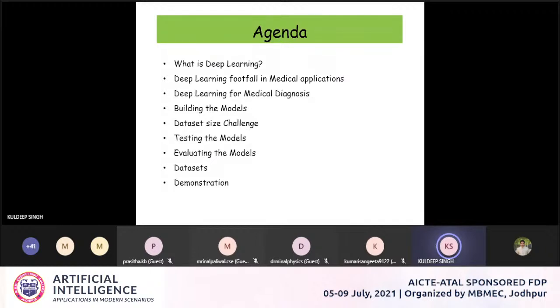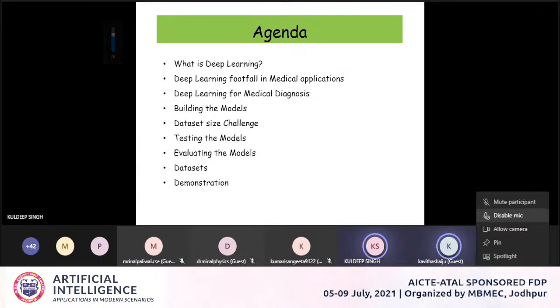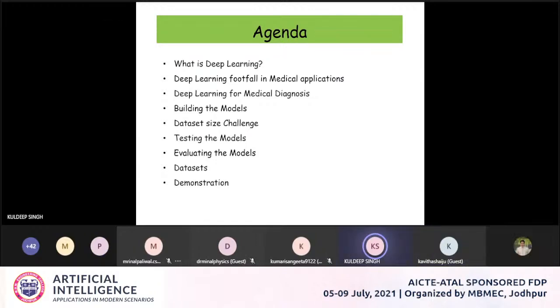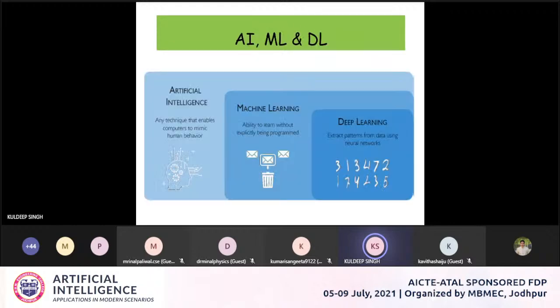What are the different public data sets which you can use in your research? And in the last, we'll have a small demonstration where we will see how COVID-19 can be detected from chest X-ray images. We'll have a demonstration for you on Google Colab.